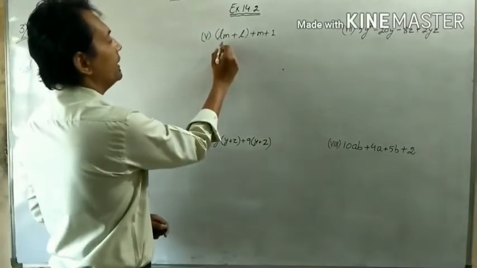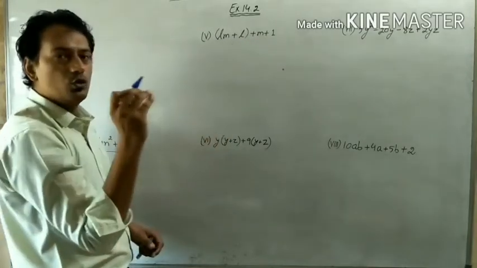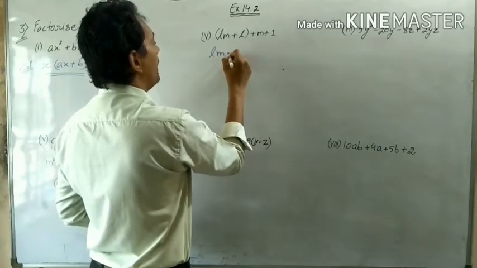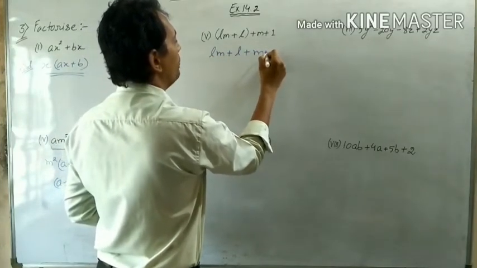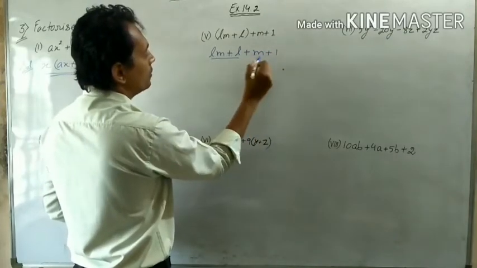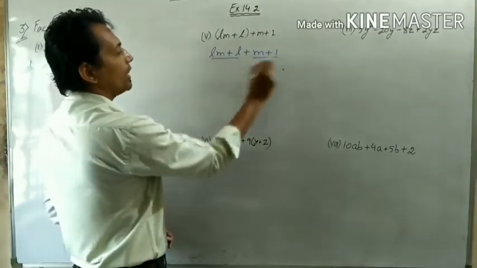You see, in this expression we have something in bracket. First of all, we need to open the bracket. So let's open it. L m plus L plus m plus 1. So again we will take two terms as a group, the first 2 terms and the last 2 terms.